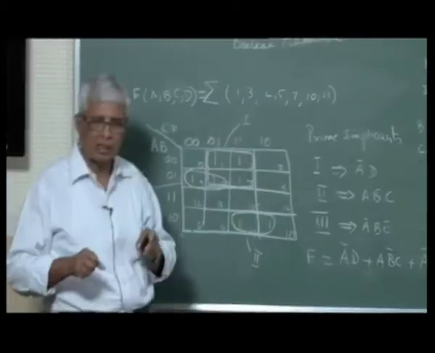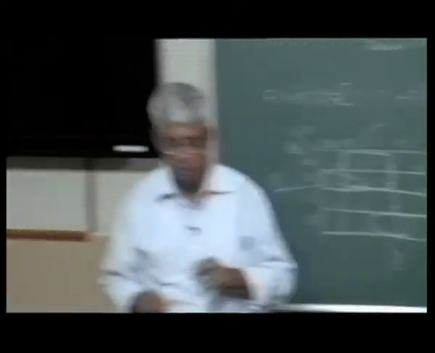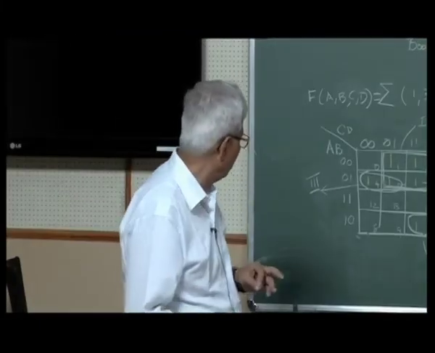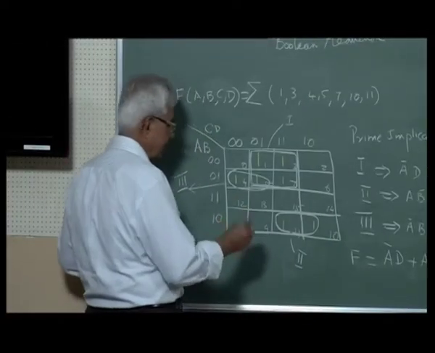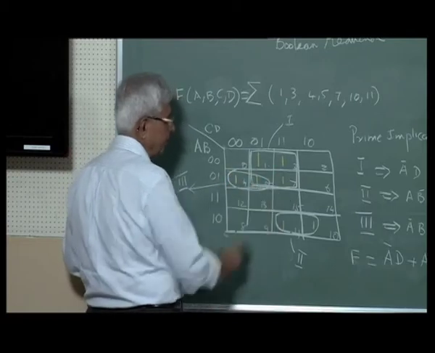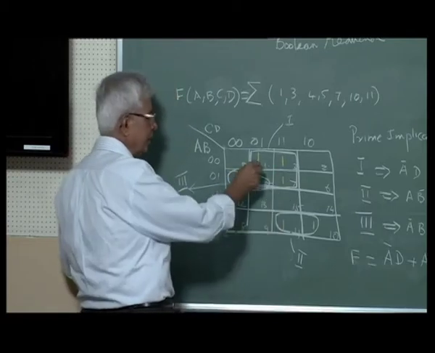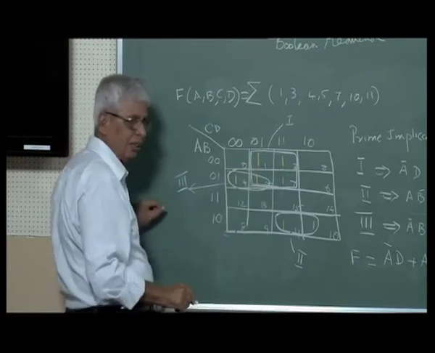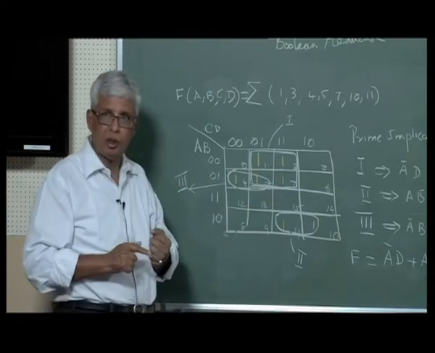Out of these 3 prime implicants, all of them are essential. If I do not have this, this and this will not get covered. My job is to cover all the ones.